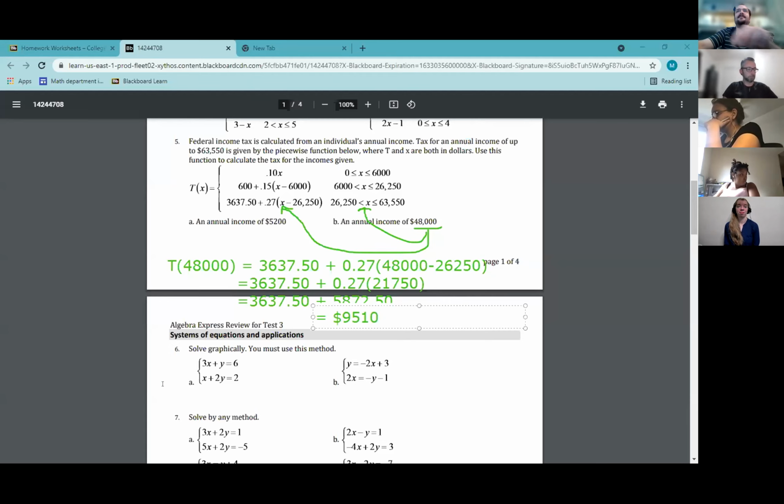And so maybe throw a money sign on there since we're talking about taxes. Do you want it in whole dollars? Because when I calculated it, I actually got 95.09 and 70 cents. It shouldn't be giving you a decimal. I got 95.10.